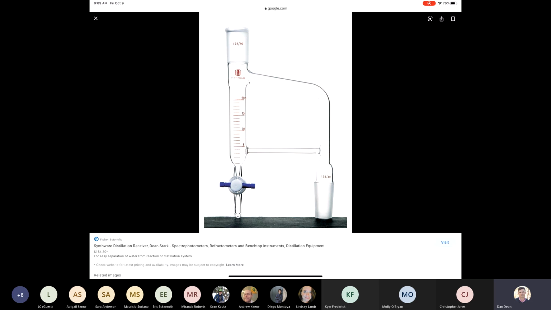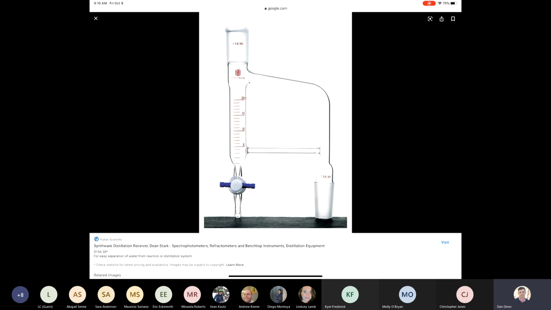And so, in fact, the easiest way to monitor these reactions is to use the Dean-Stark, because the water ends up going into this part that you see on the left-hand side of this piece of glassware, and you can actually watch the volume. So let's say you were doing the reaction and you said, well, when the reaction is complete, I will have produced 12 milliliters of water. You're going to do the reaction in a solvent that is not miscible with water. We normally do it in a solvent like toluene.